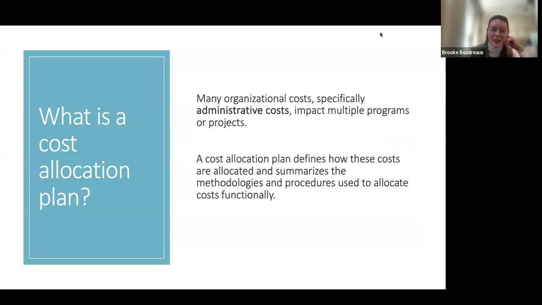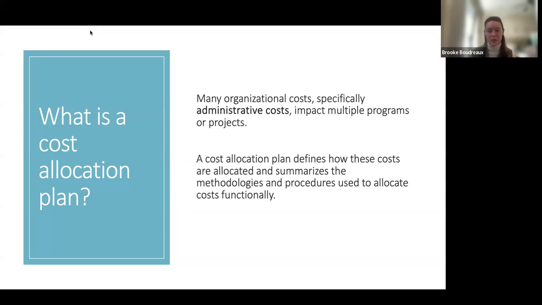Okay, so we'll start at a very high level. A cost allocation plan is essentially a way for organizations to think about and apply their management and general administrative costs across multiple different programs or projects that they impact.